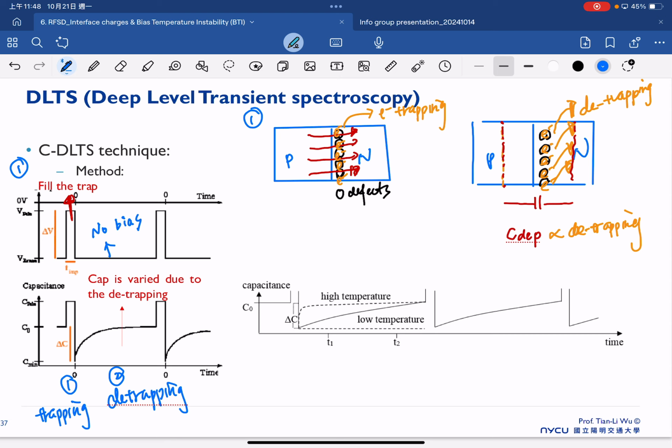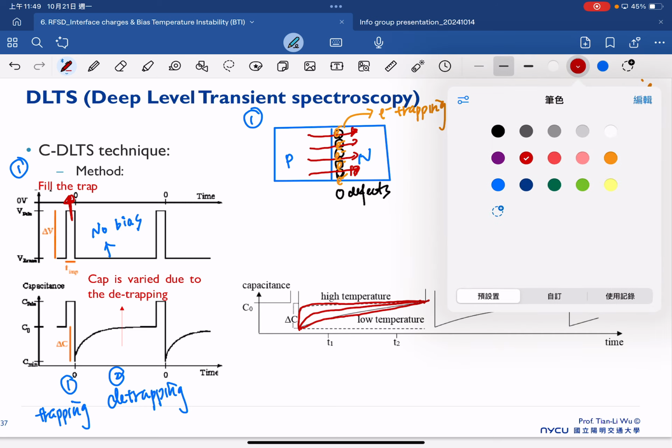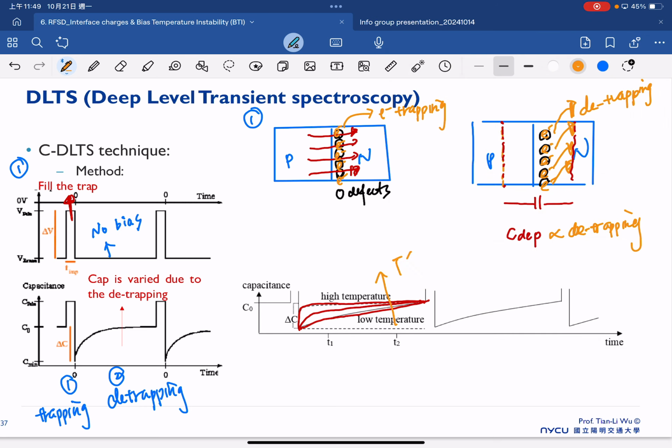So now, if we look at different temperatures during the detrapping phase, we can expect high temperature gives us a fast detrapping, and medium temperature and low temperature give us a very slow detrapping. This is as the temperature increases. Since now we have the temperature dependency, for sure we can start to apply the Arrhenius plot.